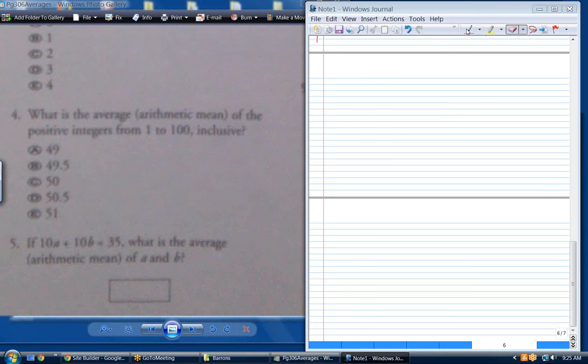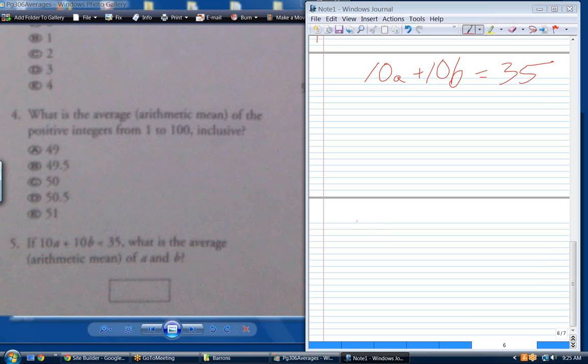All right, if 10A plus 10B, be suspicious immediately, we have the same coefficient. That should be useful. What's the average of A plus B? What are we going to need to figure out the average of A plus B?